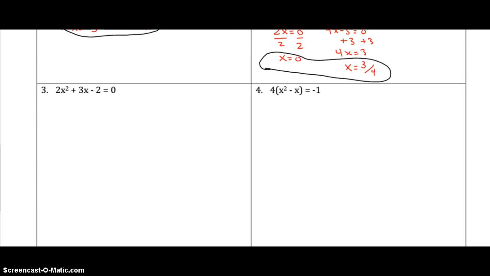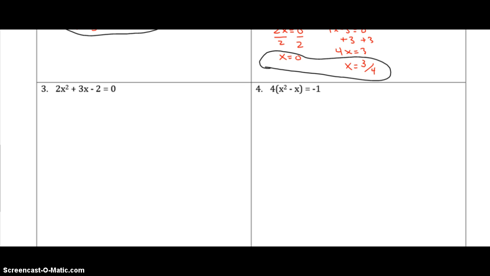Example 3. We have everything on the left, 0 on the right, so we can decide on our factoring strategy. That is a tricky trinomial. So the numbers that multiply to give you -4 and add to give you 3 are 4 and -1.